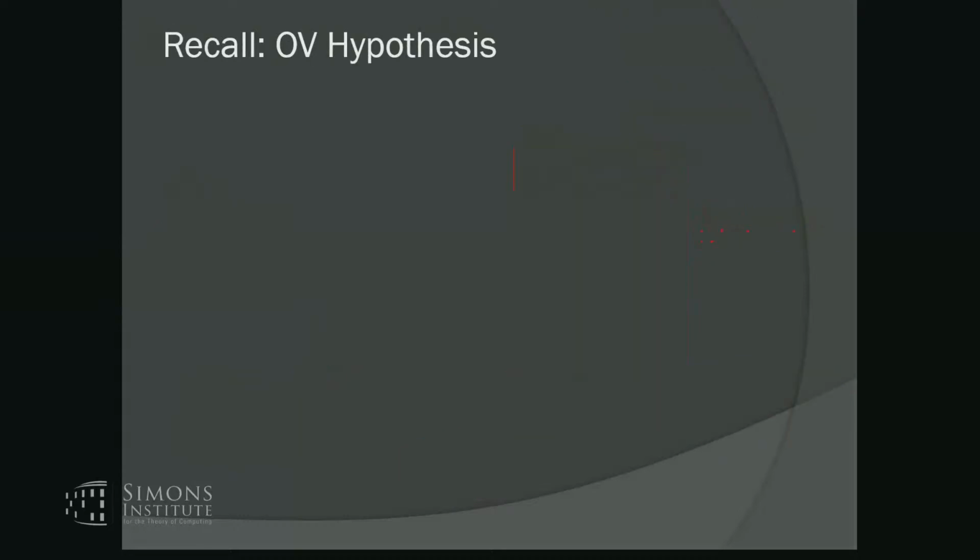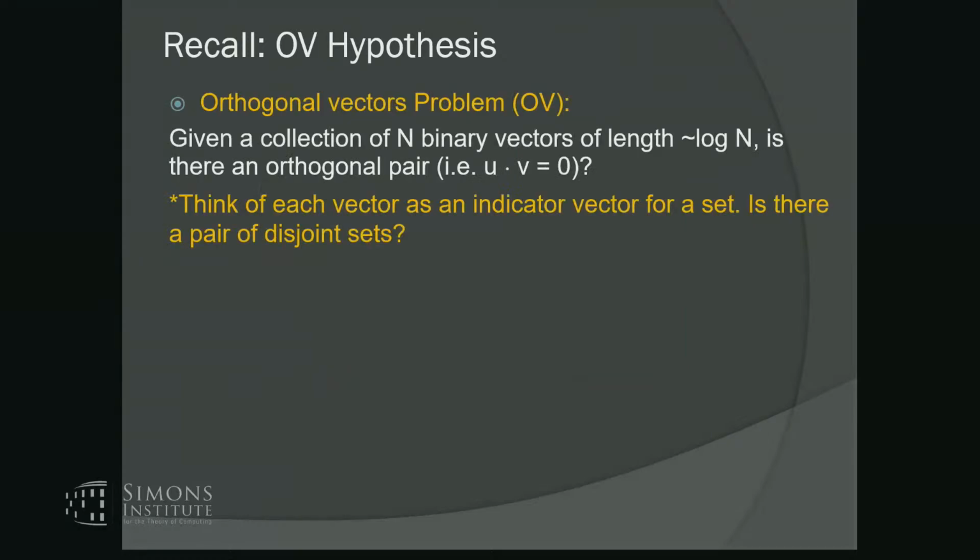So let's first recall what the OV hypothesis is. It's the orthogonal vectors problem. Given a collection of capital N binary vectors of length roughly log n, is there an orthogonal pair? That is, is there a pair with dot product 0? The way that I really want you to think about this problem is kind of ignoring this and just looking at this.